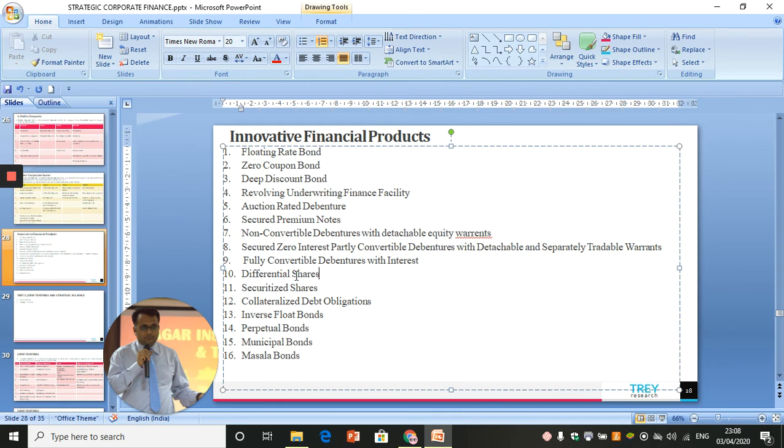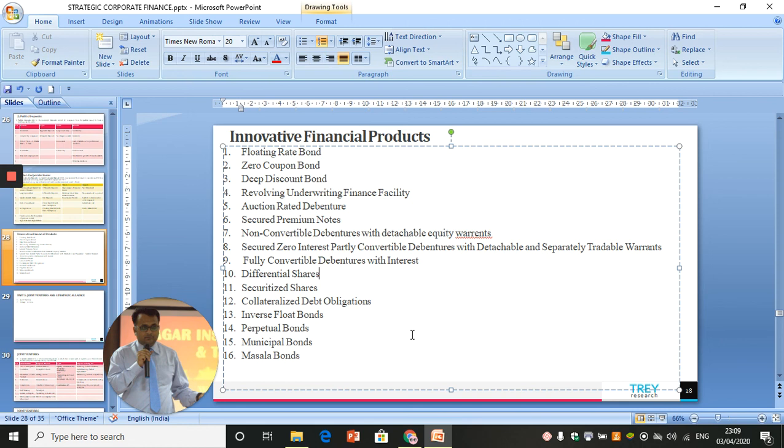Then differential shares. There can be shares given in a differential form. Securitized shares. Shares can be given in a securitized format. Then collateralized debt obligations. CDO is a big thing.